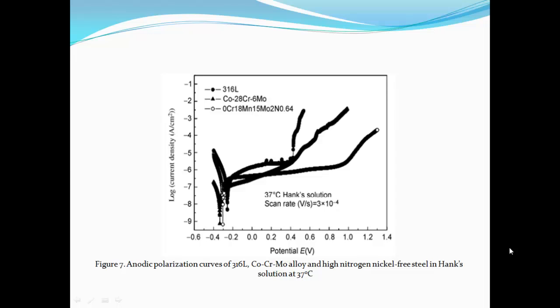The corrosion resistance of nickel-free stainless steel was also tested, shown in figure 7 here, and the results show that it had comparatively the best corrosion resistance with the highest pitting potential.